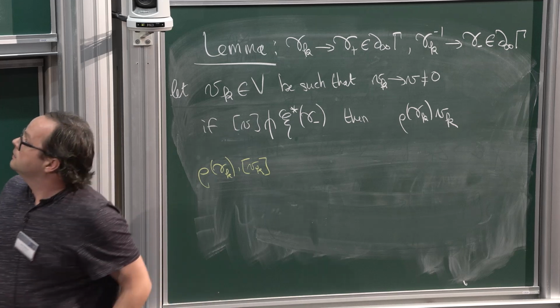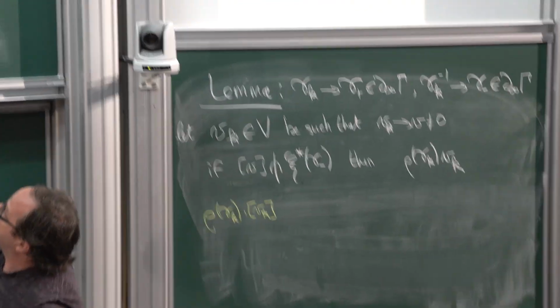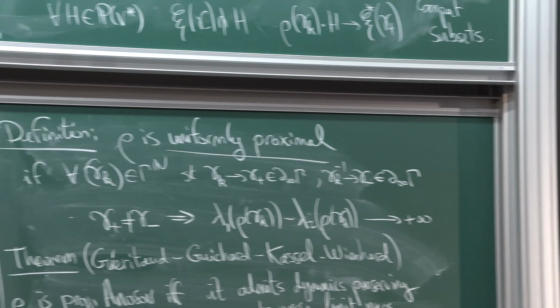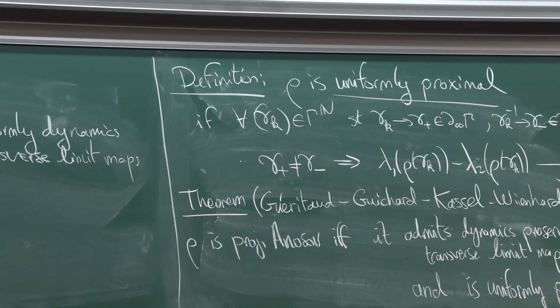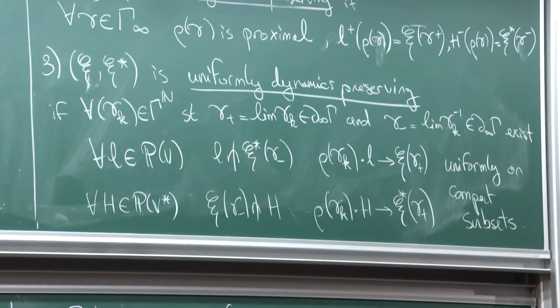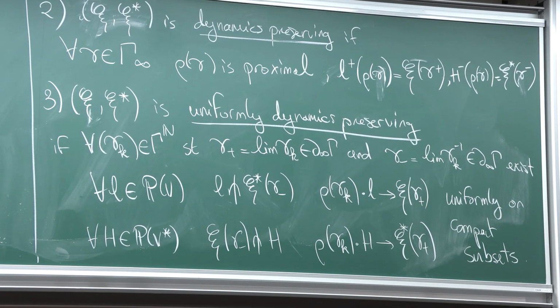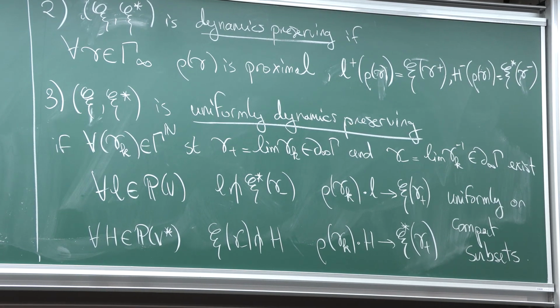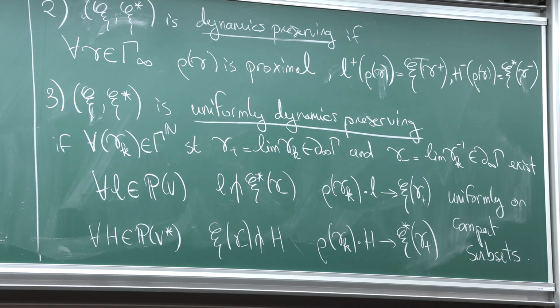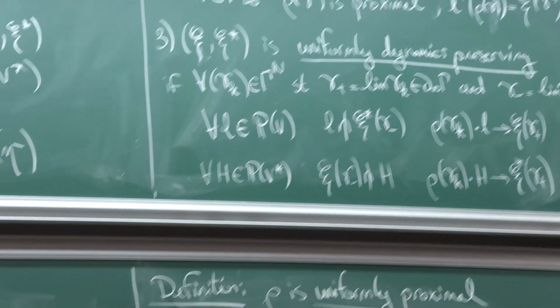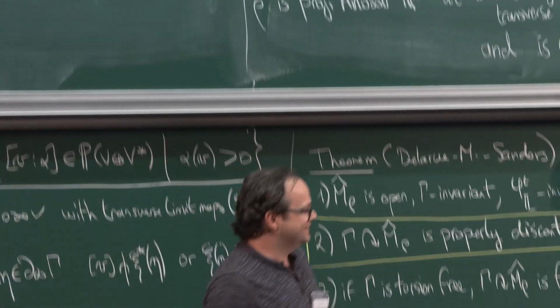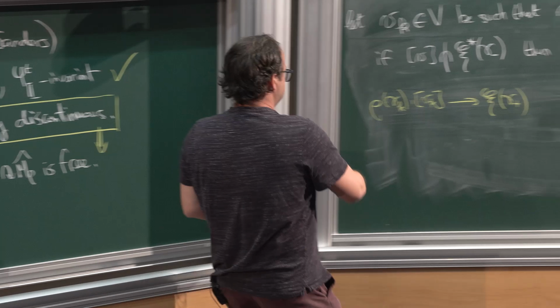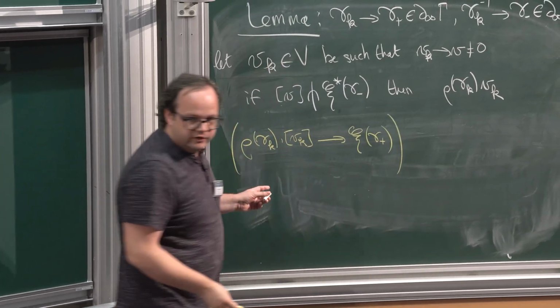So if you look at this definition, which is still on top there, and you plug in the class of V instead of L, you'll see that rho of gamma k acting on Vk will converge to psi of gamma plus. Yeah, I haven't written it yet, that's on purpose. So this is what we already know from the uniformly dynamics preserving limit maps.